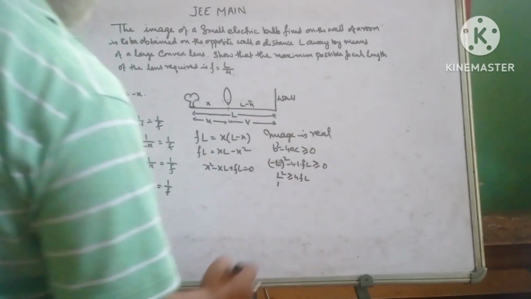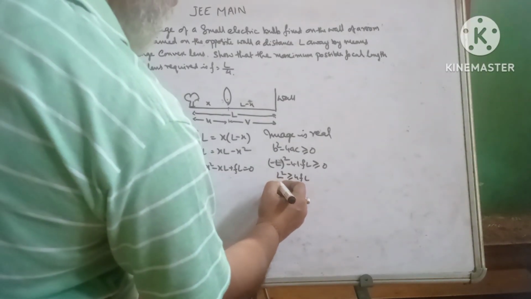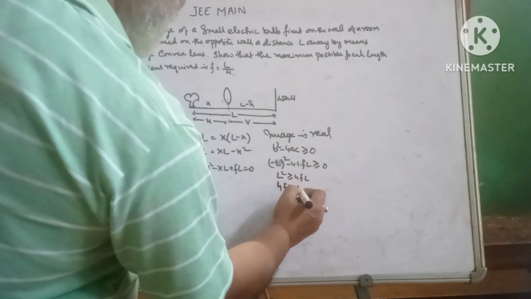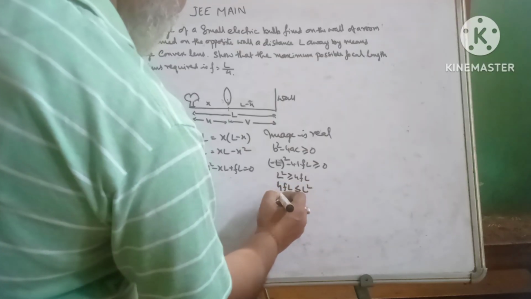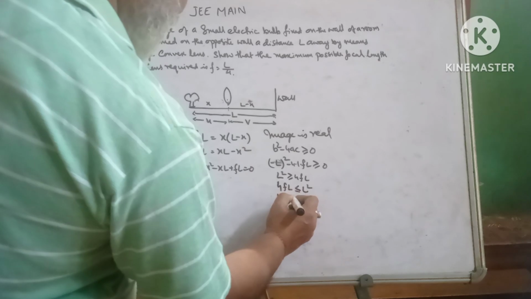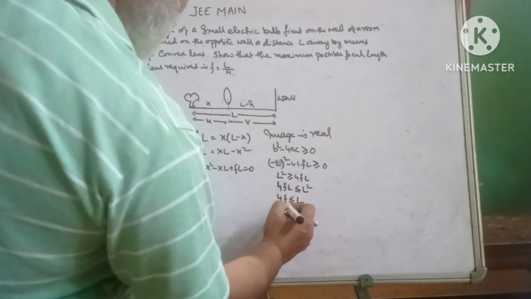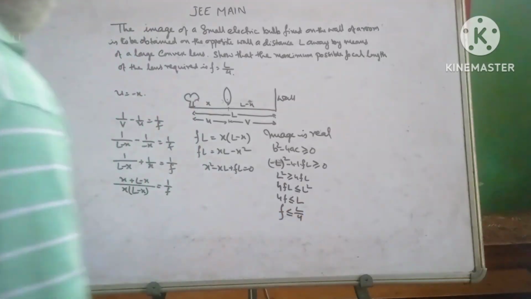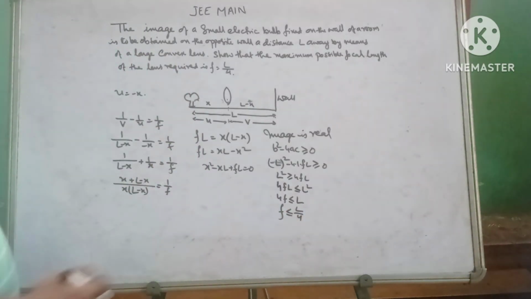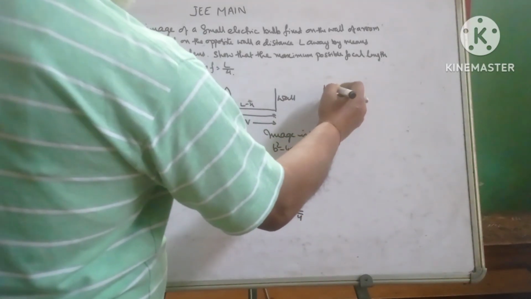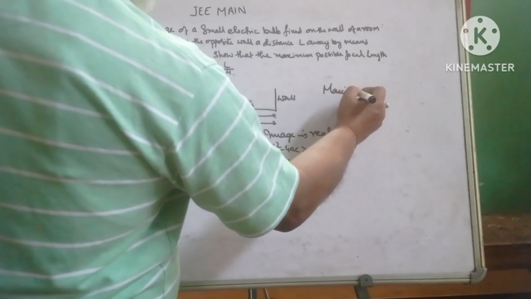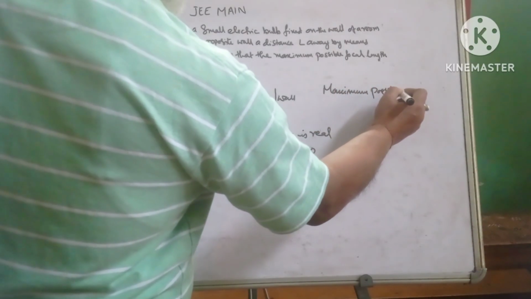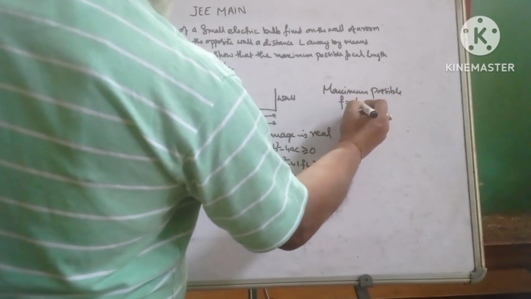That means 4FL is less than or equal to L square, so 4F is less than or equal to L. So F is less than or equal to L by 4. So the maximum possible focal length will be L by 4.